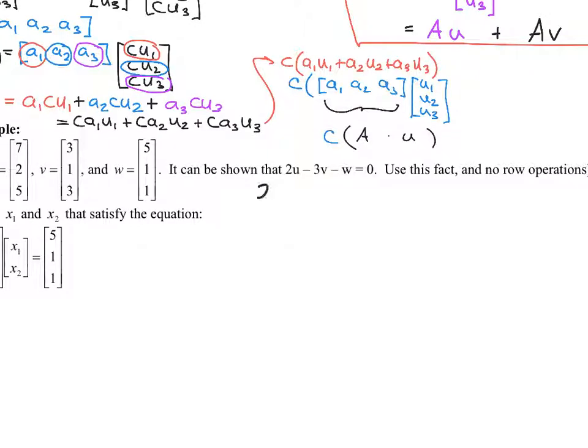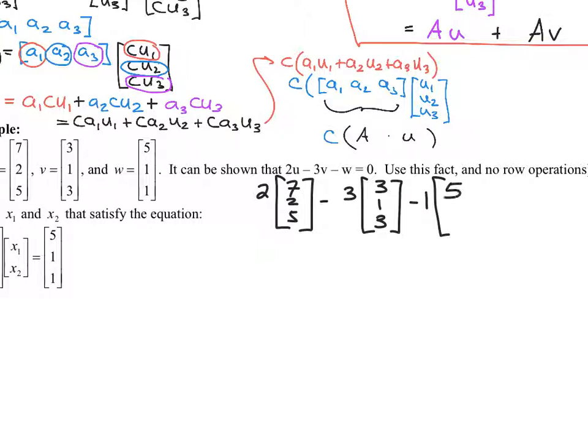So 2, 725 minus 3, 313 minus, I'm going to put a 1 in there because it's minus w, but I like to have a constant multiple there, or a scalar multiple. 511 equals 0. Let me clean that up. That one got a little out of hand here.